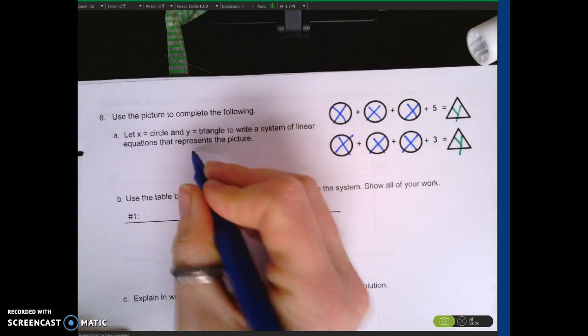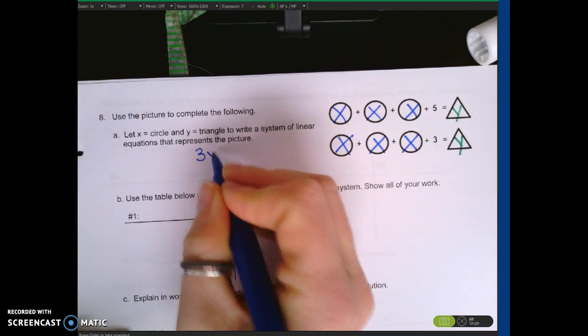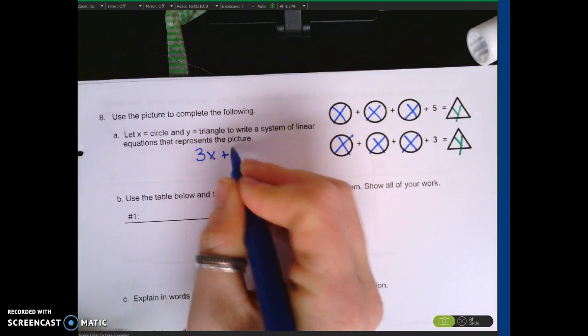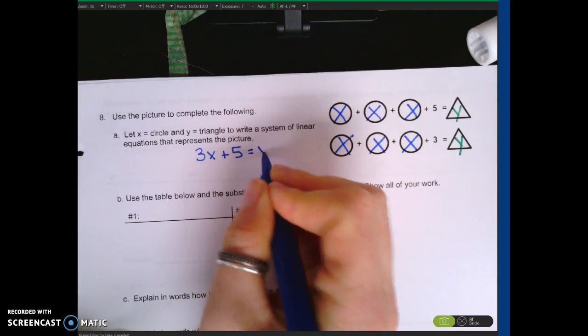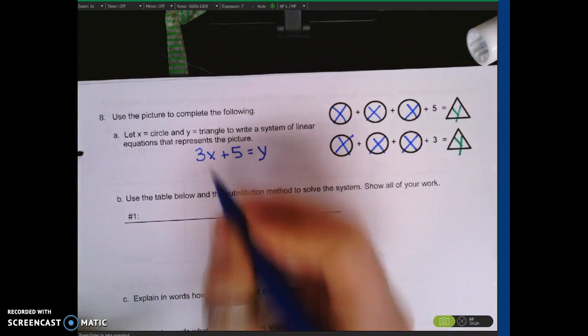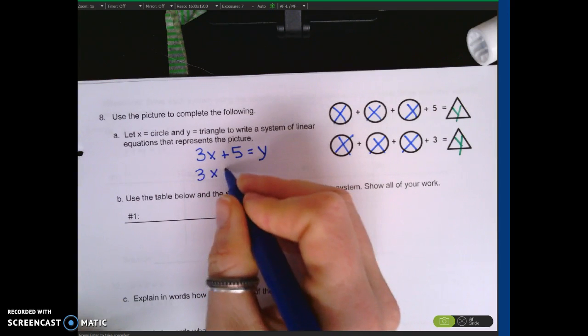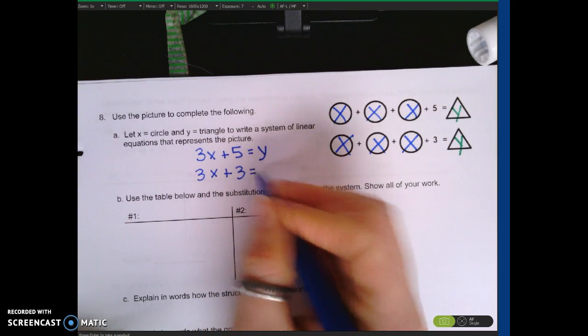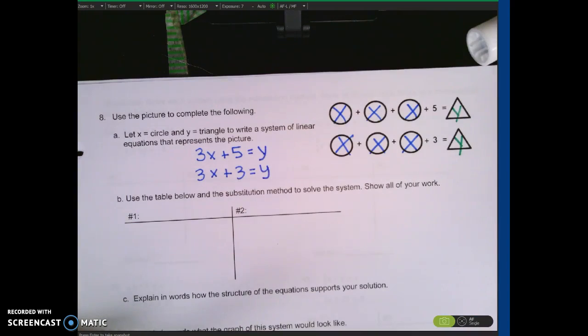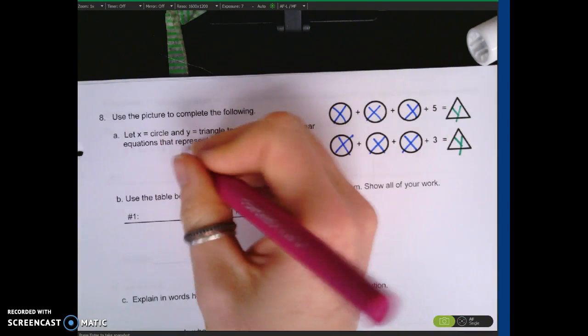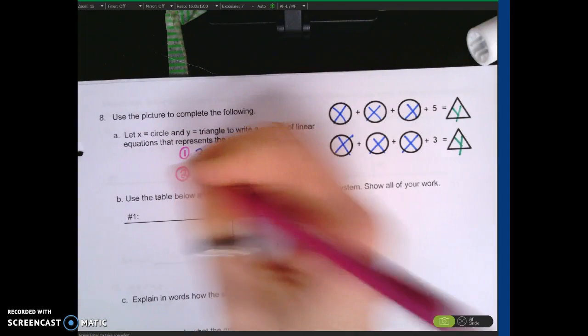Looking at this, we have 3 circles, so that's 3x plus 5 equals 1 triangle, which is y. And we have 3 circles, 3x, plus 3 equals 1 triangle, which is y. Taking a look at this, which variable do you want to isolate in which equation? Well, let's label the equations 1 and 2.